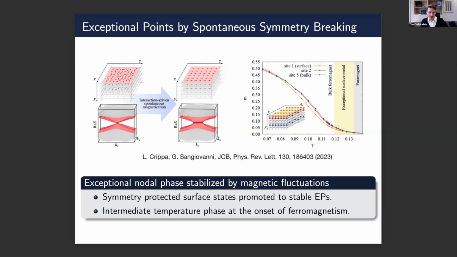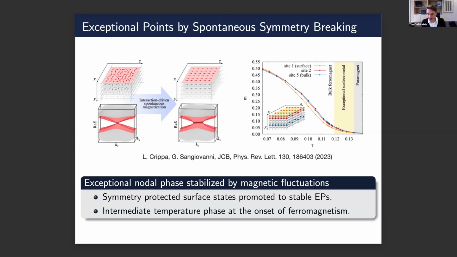And now if you increase interactions, or you start to lower temperature at a given interaction strength, then you pass through an extended phase here, where the system is not really a stable ferromagnet, like at very low temperatures, where you just have a bulk ferromagnet and the Hermitian part of strong magnetic moments that are ordered is dominant.